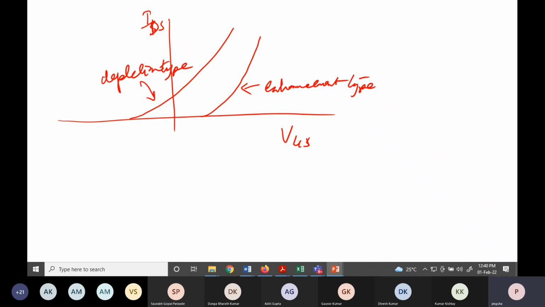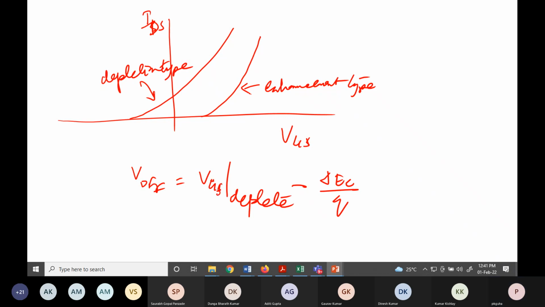As I said, your V off is VGS deplete minus delta EC over Q. So if this is VGS negative, then you will get depletion type of HEMT.